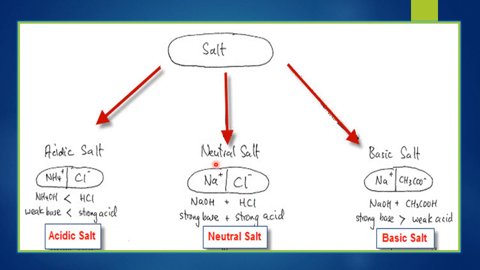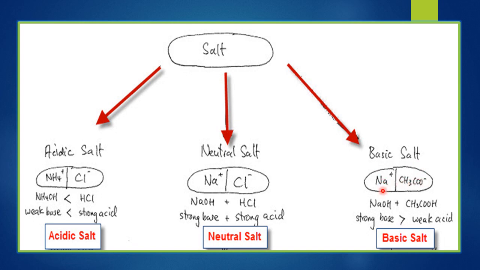Now the second one, neutral salt, sodium chloride. Sodium chloride is formed by a strong base, sodium hydroxide, and a strong acid, hydrochloric acid. So in the solution of sodium chloride, the H ions and OH ions will be in equal number. So it is considered a neutral salt and the pH will be 7. Now the third one, basic salt. This is sodium acetate.